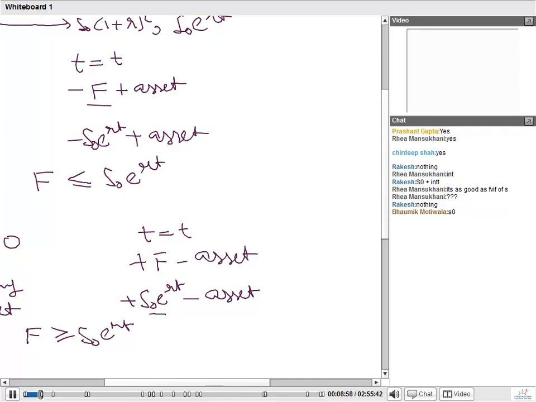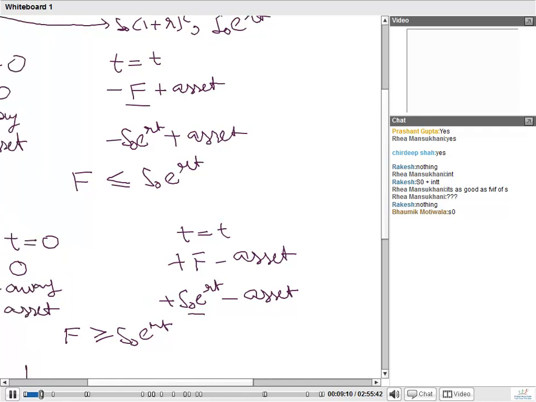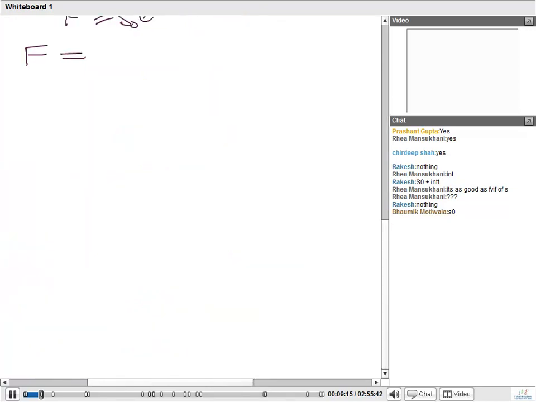However, will a buyer be interested at this price? If the price is greater than this, the buyer can simply borrow from a bank and purchase the asset. He does not need to enter the forward. So the only price at which both the buyer and the seller will be comfortable is when F is equal to S0 e raised to the power rT.